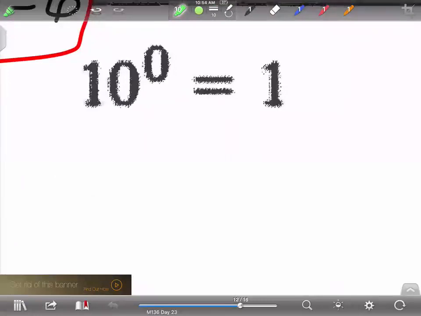All right, next one. Here we have 10 to the 0 power equals 1. Take a minute and label them. Y is the number that's by itself. B is the bottom or your base. X is your exponent.